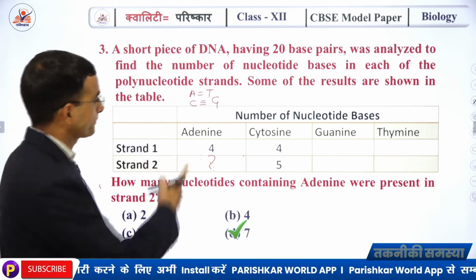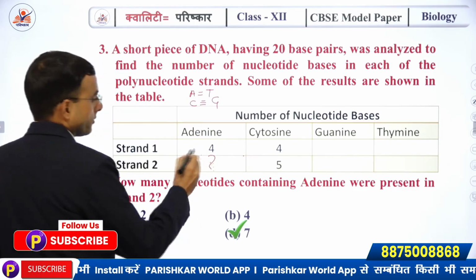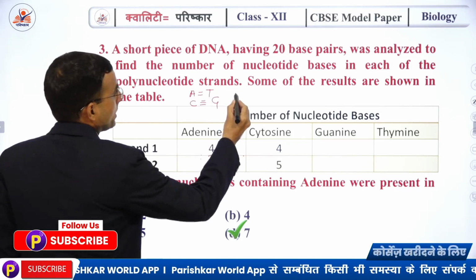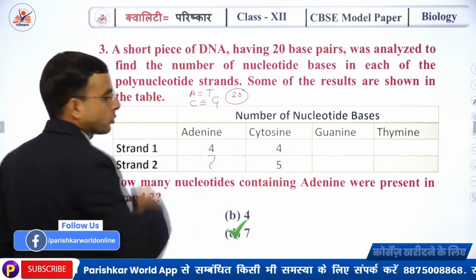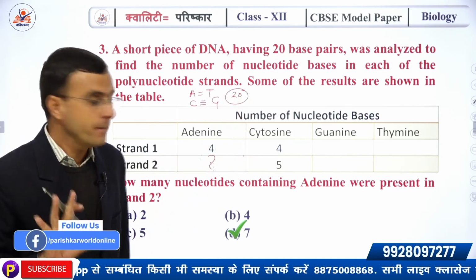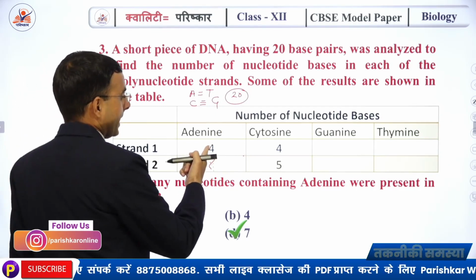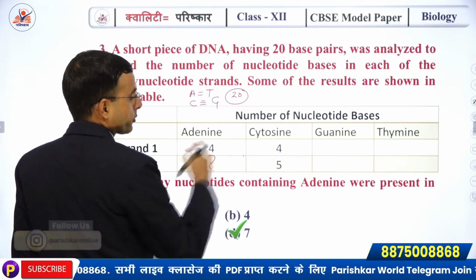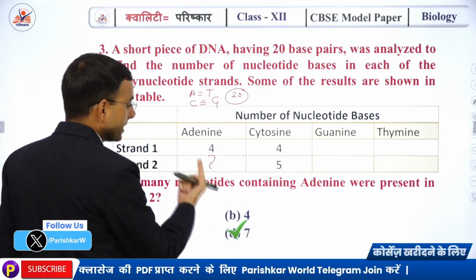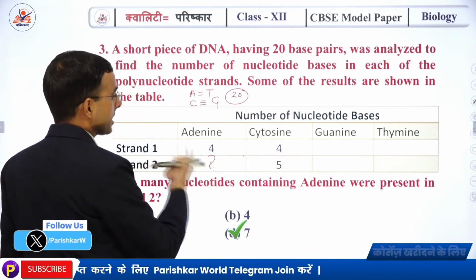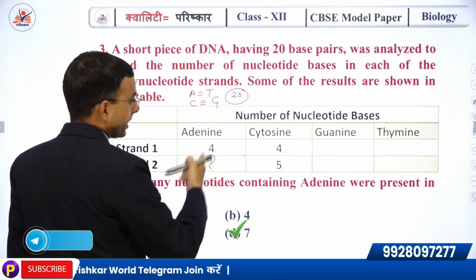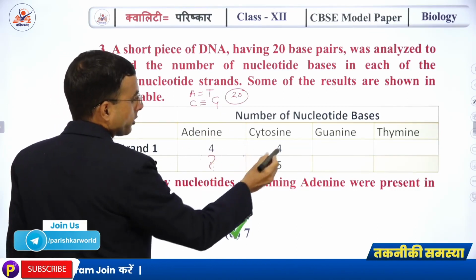Look at this one. In the first strand there are 20 nucleotides in total. Out of these 20 nucleotides, 4 are adenine and 4 are cytosine. In the second strand the number of nucleotides is also the same.